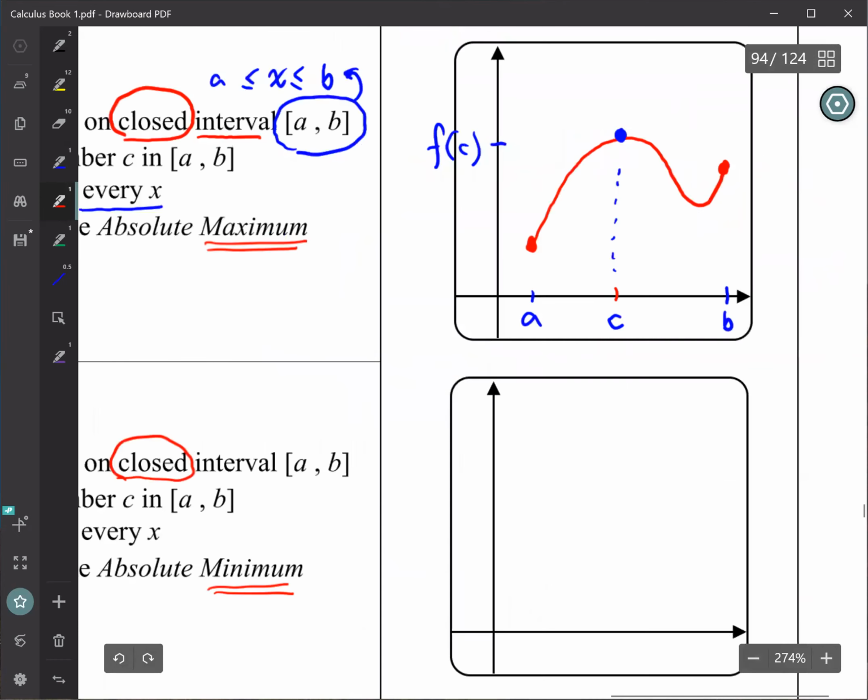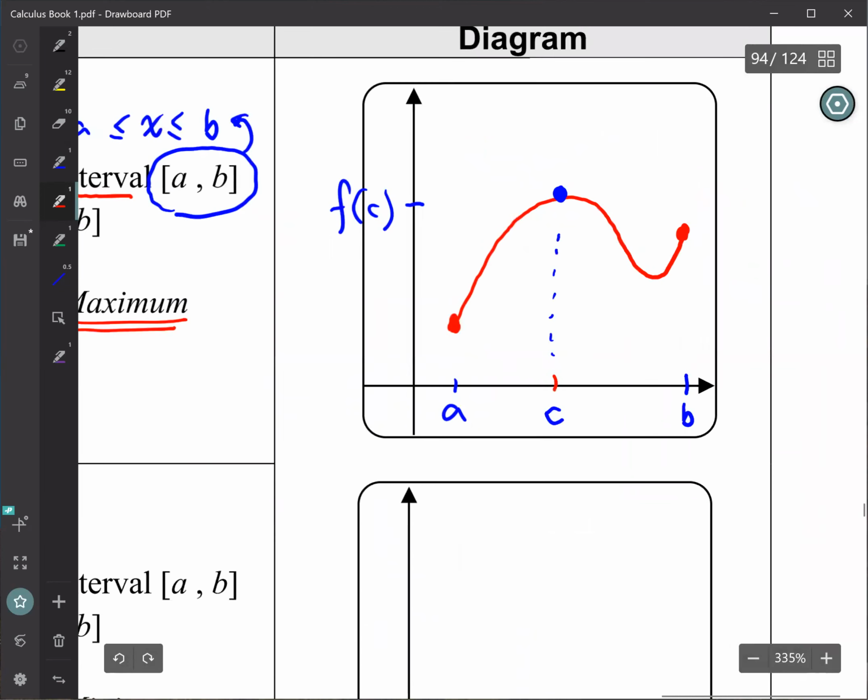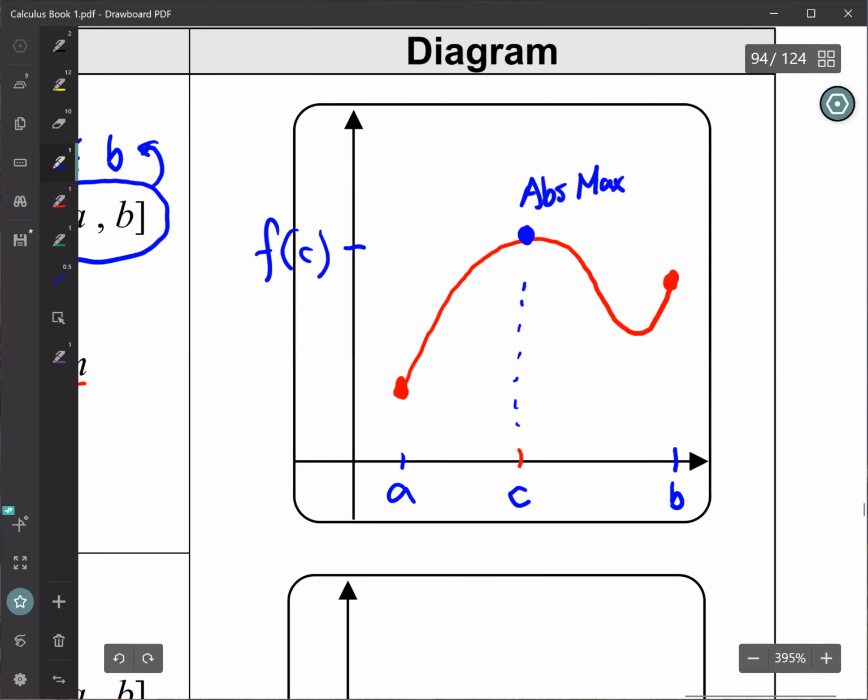For example, like the first graph we have here, let's label this one. This one is absolute maximum. So where is the absolute minimum for this graph? Joan? A. Yeah, it will be A. So f of A will be the absolute minimum value.